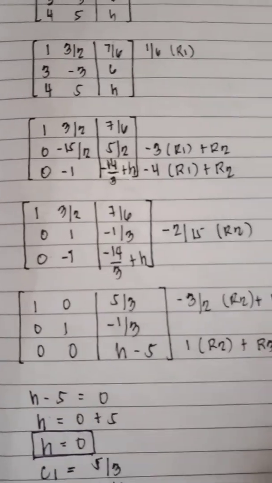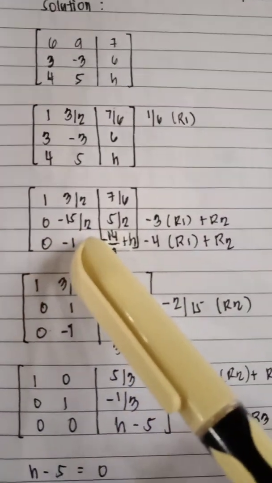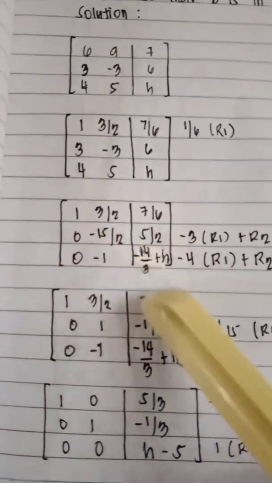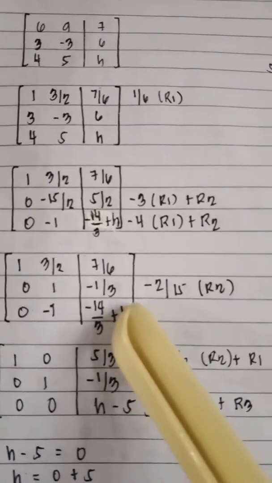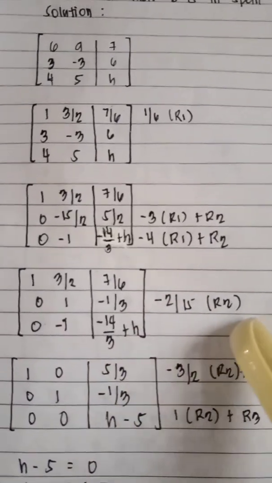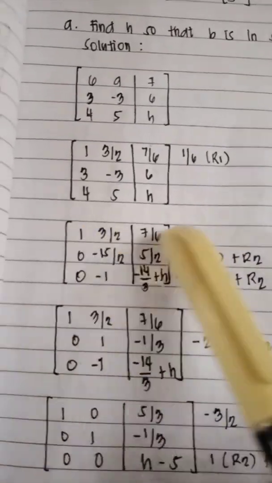Now, we will make this negative 15 over 2 into 1. In order to do that, we will use the formula negative 2 over 15 times r2. We will just copy first row 1 and row 3.